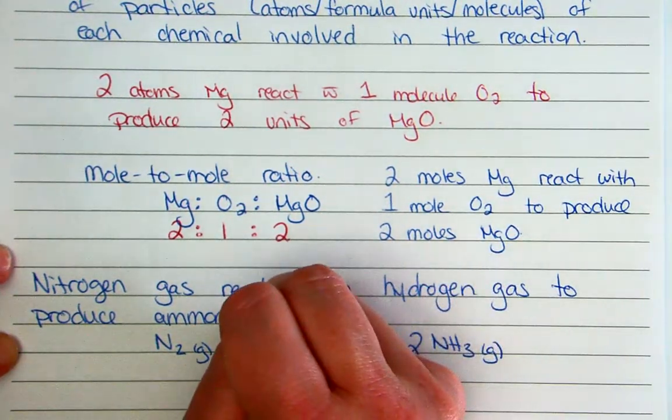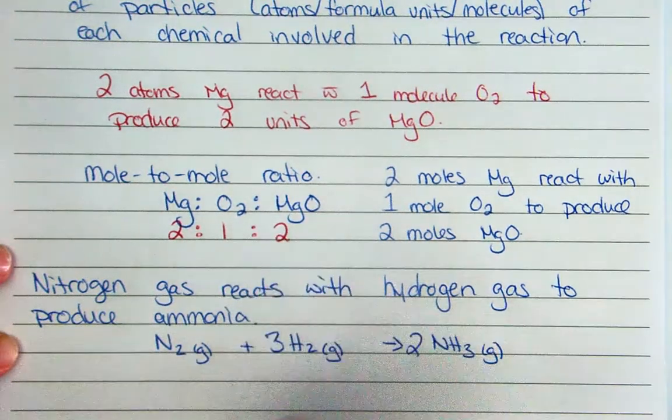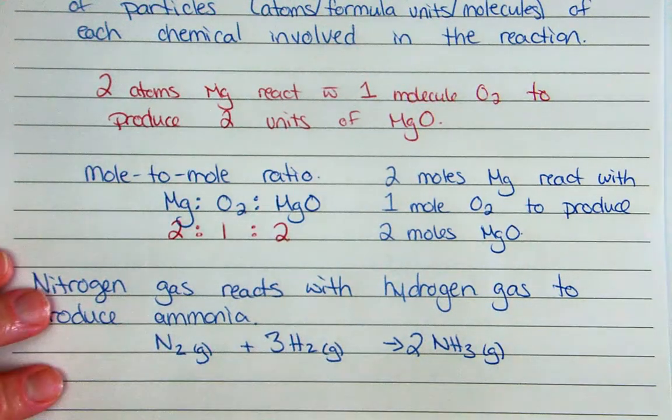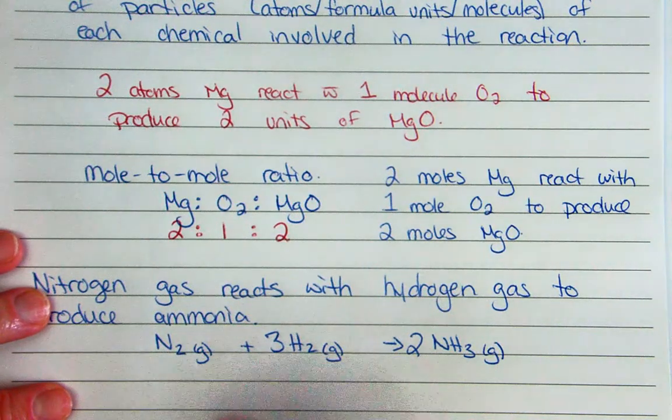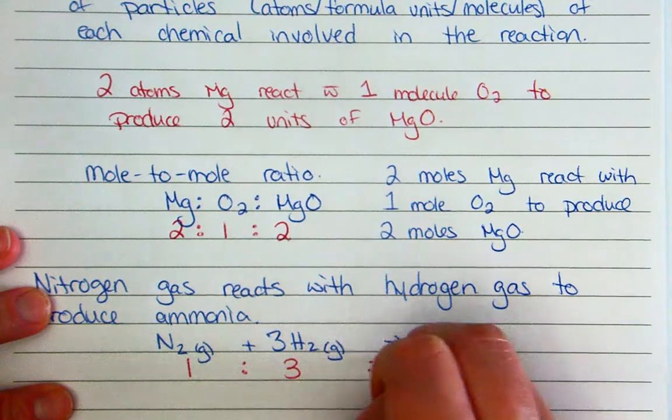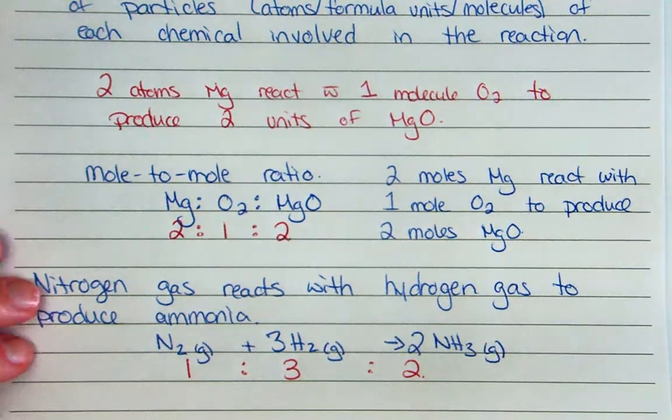Two, 3. There's my balanced chemical reaction. Underneath it, write out the mole-to-mole ratio. So press pause and write the mole-to-mole ratio here. We see that it's 1 to 3 to 2.